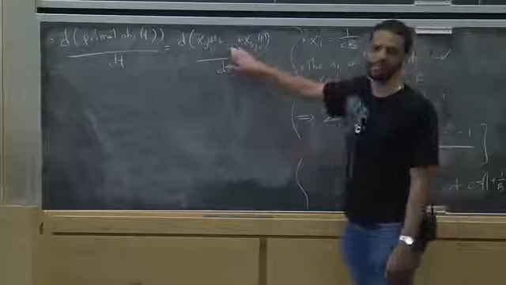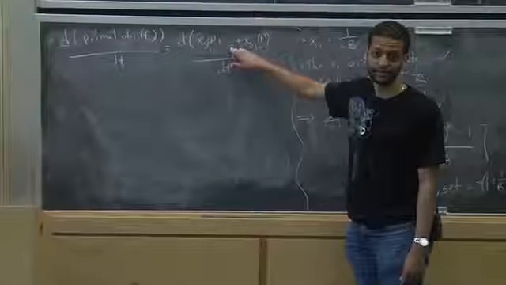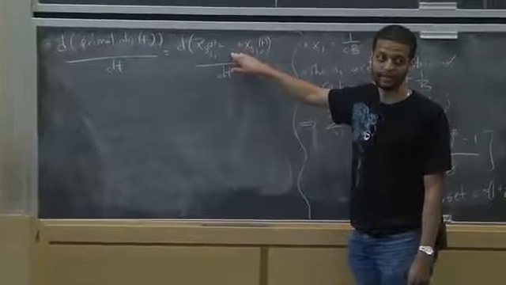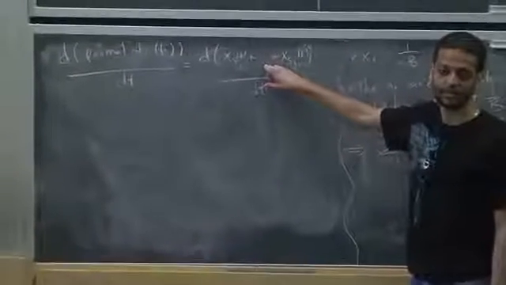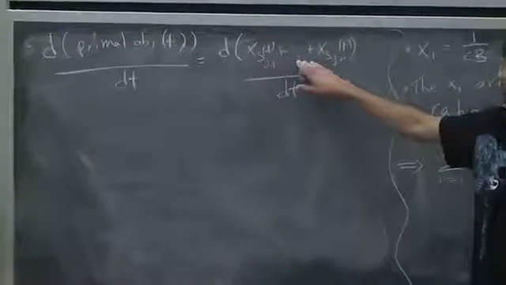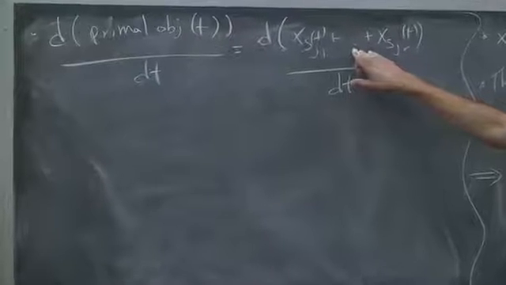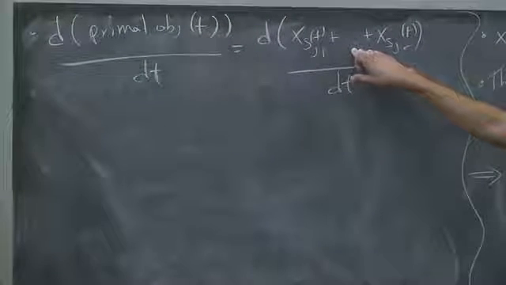What do I know about this sum during the evolution? I'm evolving because the constraint is not satisfied. So what does that mean? Yeah, it's at most 1.